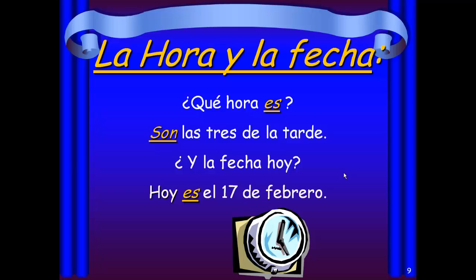Now I'd like to address the idea of something being permanent versus something being temporary, because a lot of times that was the difference we talked about between these two verbs. So if time is changing all the time, and if the days are changing all the time, how come we don't use estar? Here I'll try to explain. Can you really change the fact that it's 3 o'clock when it's 3 o'clock?